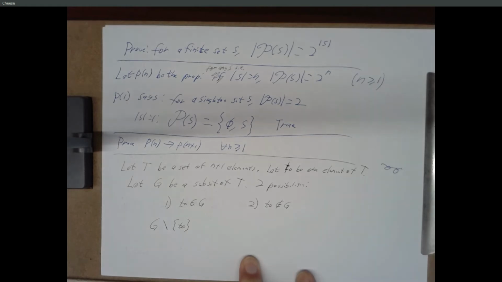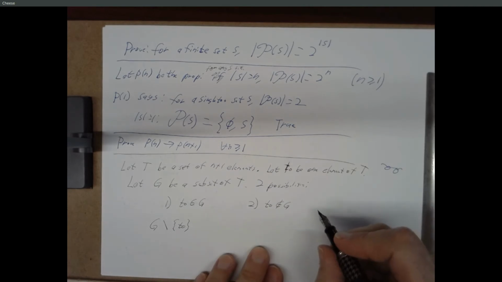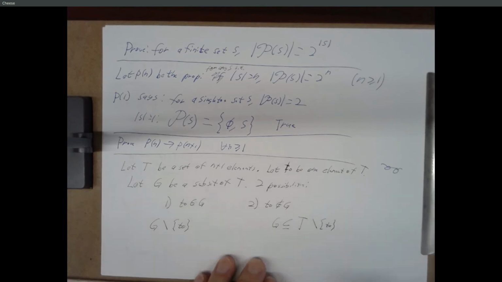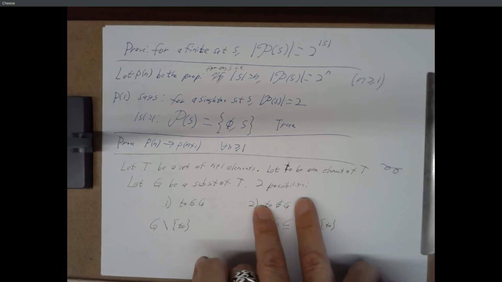Now, how many subsets of T do not contain T0? Well, a subset that does not contain T0 is a subset of our original set without T0. Right? If we take our original set T and we just toss out T0 and we look at any subset of that, we get a subset that doesn't contain T0.